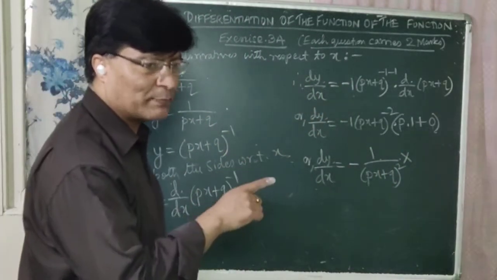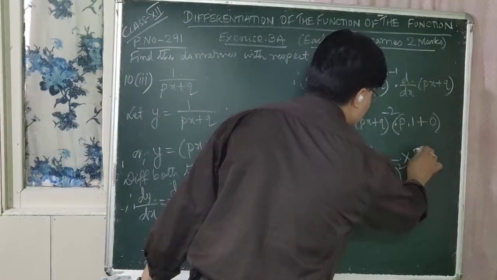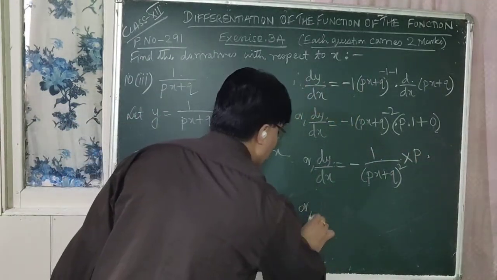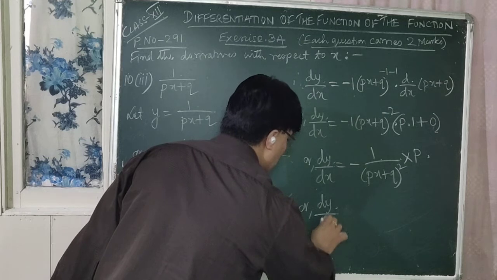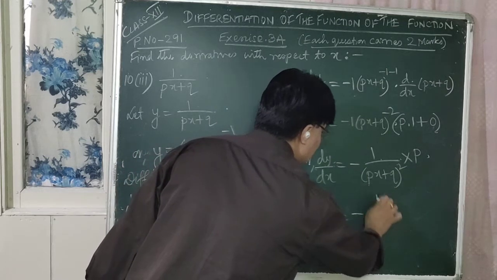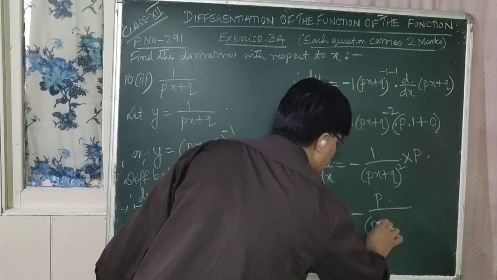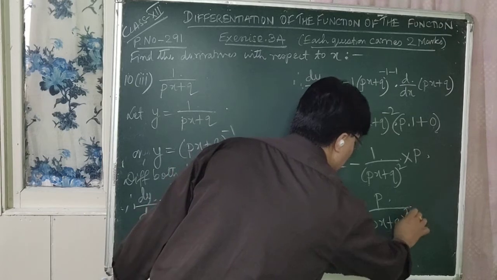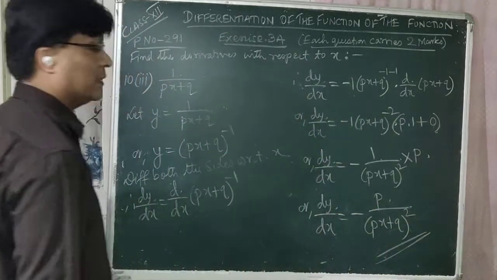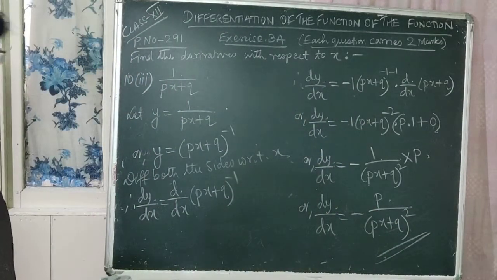Within bracket, p into 1 plus 0, that is p only, right? So what's the final answer now? dy by dx is equal to minus p divided by (px plus q) whole square. So this is the final answer.